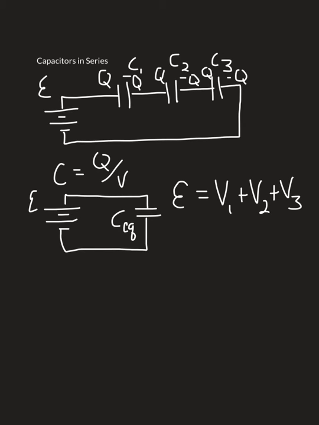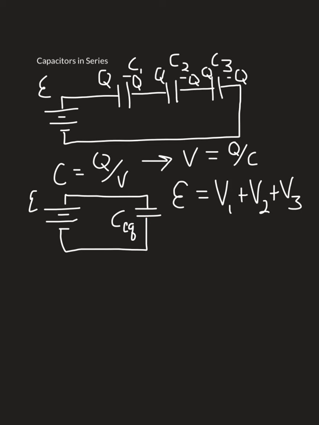Then, if I rearrange this equation for capacitance, so that I solve for the voltage of a capacitor in terms of its capacitance, V equals the charge Q over the capacitance C. The EMF of the battery is equal to the potential difference across the equivalent capacitor because the positive terminal of the battery has nothing but a plain wire connecting to the upper plate of the capacitor, and the negative terminal, same thing, nothing but a plain wire to the lower plate of the capacitor.